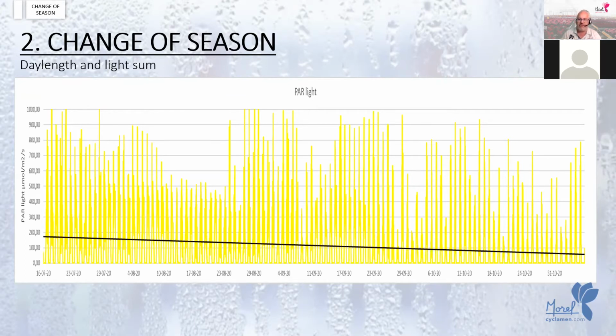Mid-September, we then removed the whitewash from the greenhouse roof, and we altered the mobile screen setting. With the whitewash it was at 600 watts per square meter, and once the whitewash was removed we altered it to 400 watts per square meter just to compensate the difference.